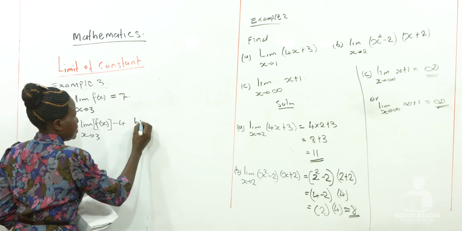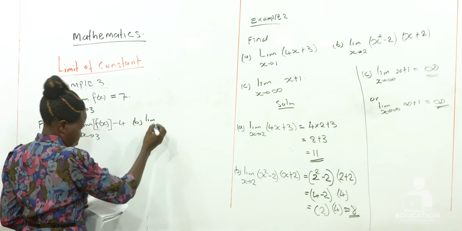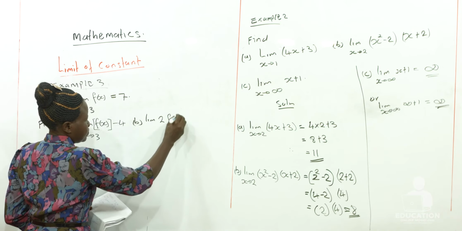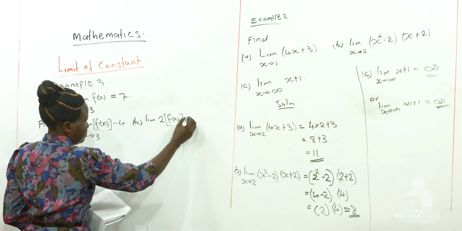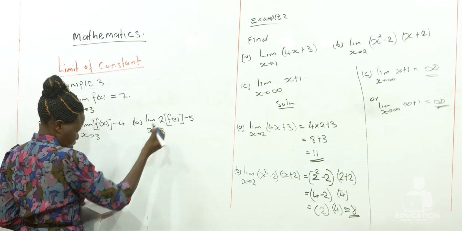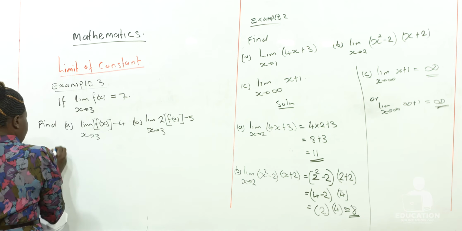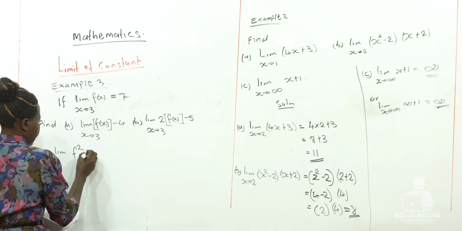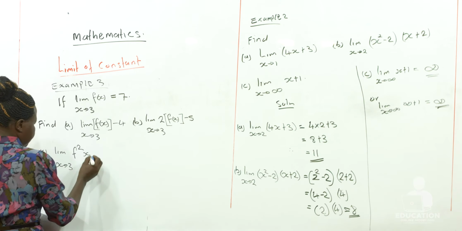And then part B, we have lim 2f(x) minus 5 when x is approaching 3. And then lastly C, we have lim f(x) squared when x is approaching 3.